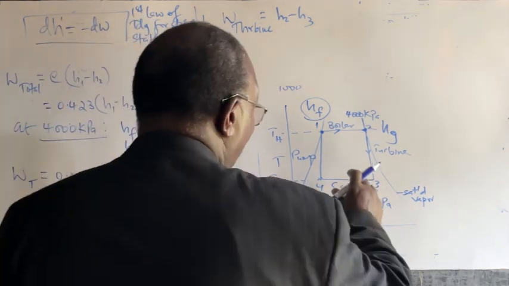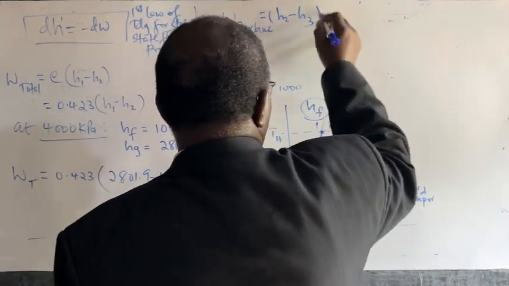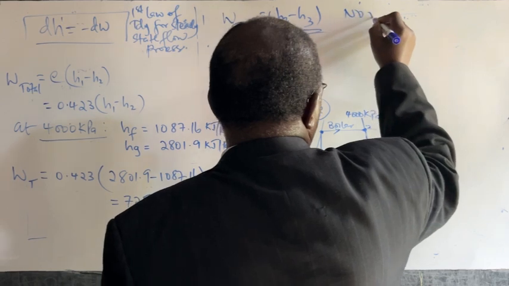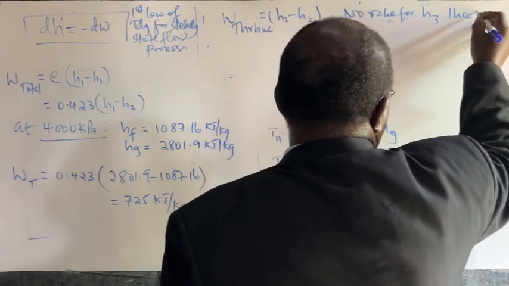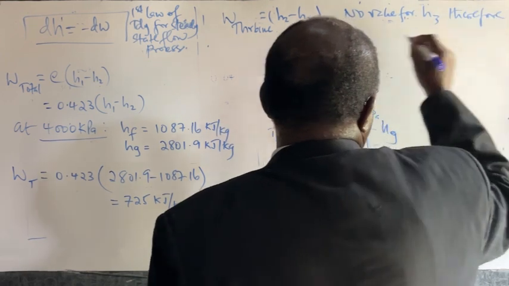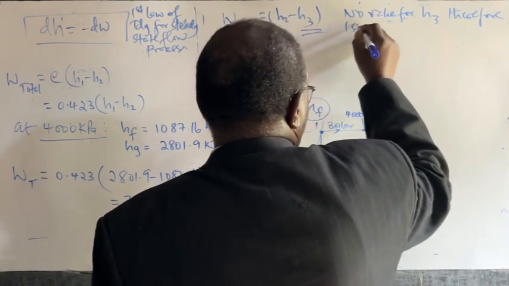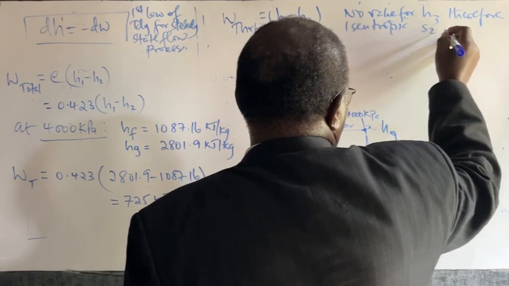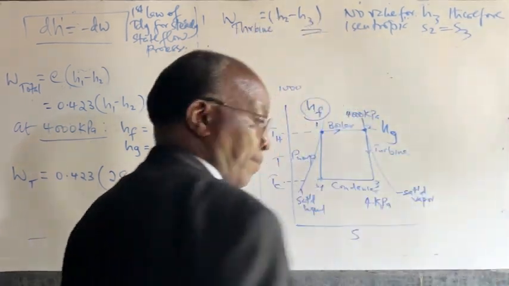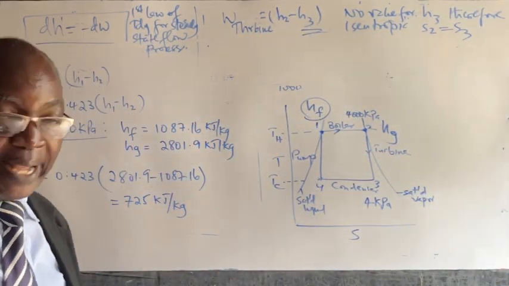Because we don't have the value for H3, we use the fact that it's isentropic. Therefore, S2 is equal to S3. So let us proceed by working the entropy.